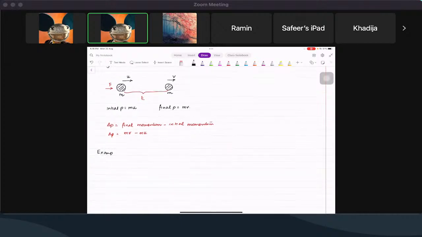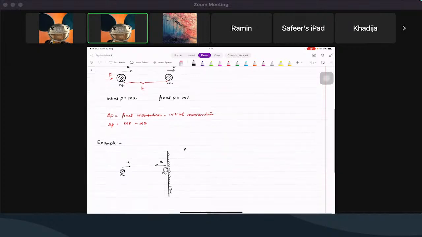Suppose there is a wall and a molecule of mass m is traveling with velocity u, hits the wall, and then rebounds backwards with the same velocity u.